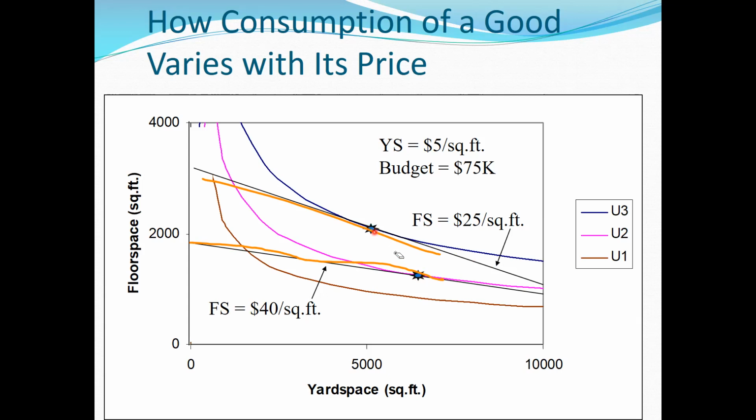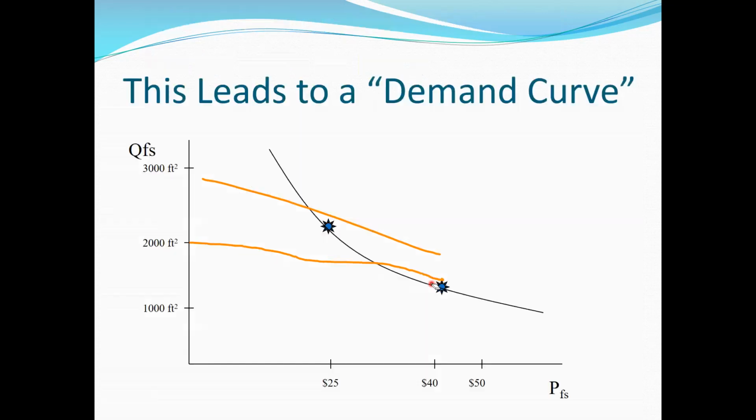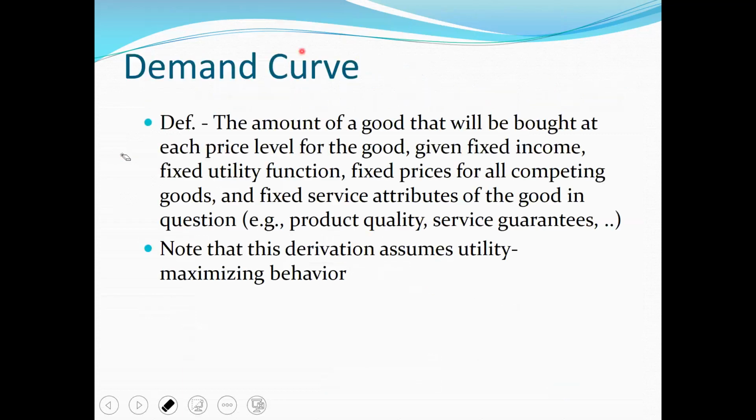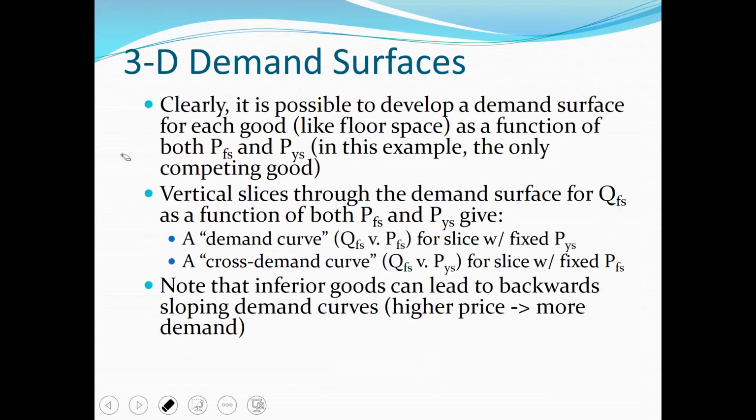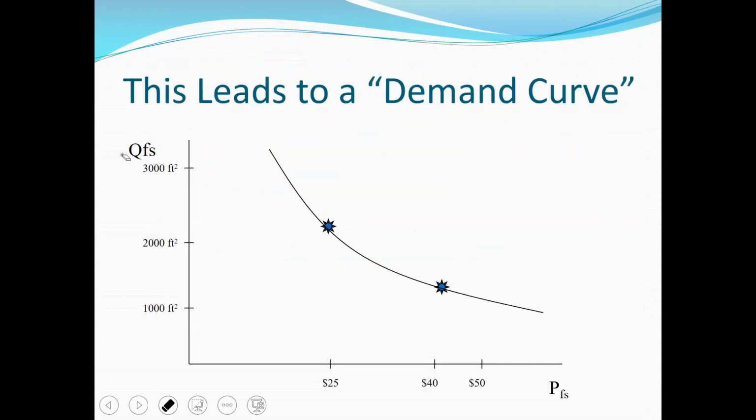Okay. Now, if you join these points, they give rise to what we call the demand curve for floor space. At 25 and 40, you see how the demand for floor space changes.